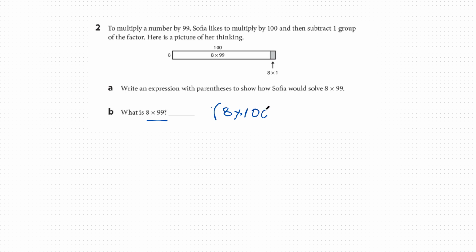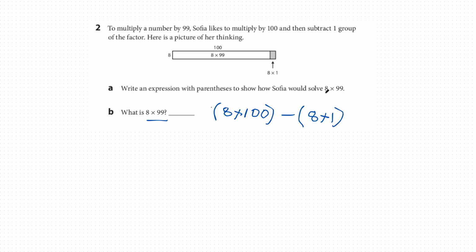minus, and how much less is 99 than 100? It's 1. So I'm saying 8 times 100 versus 8 times 99. So I'm going to have that 8 times 1 less.